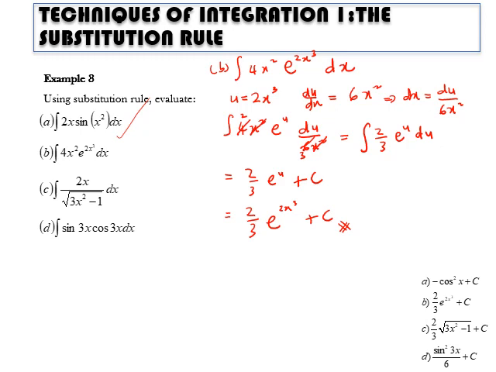Okay, so look at the next example, C and D. We do C first. So here in C, which one do you want to choose as the u? The one with the higher power. So here u will be equal to 3x squared minus 1.